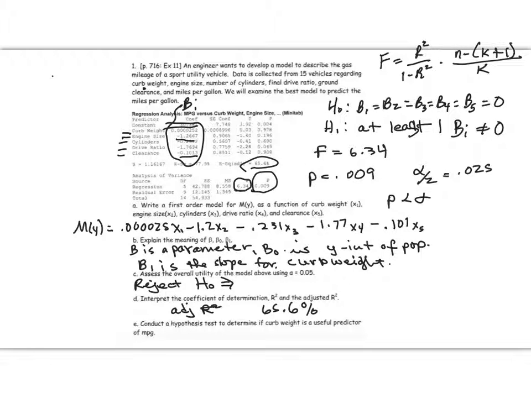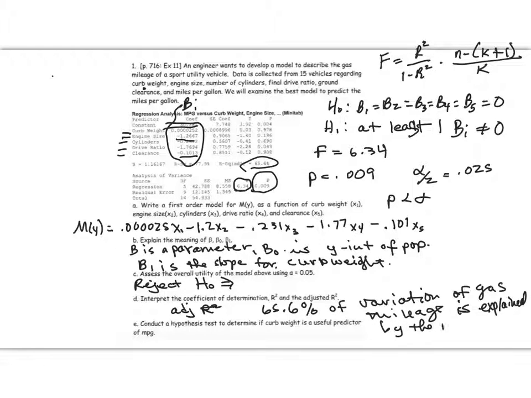That means that 65.6% of the variation of gas mileage could be explained by the model, or is explained by the model. That also means that 34.4% is not explained by the model.